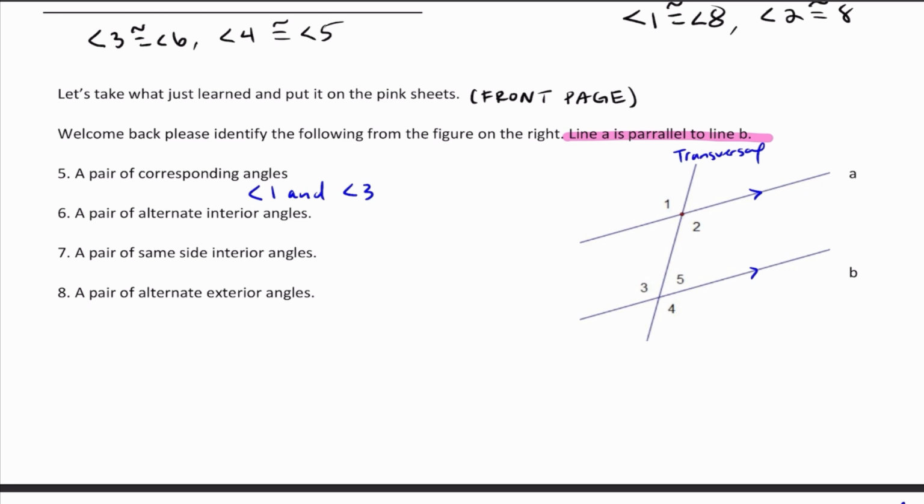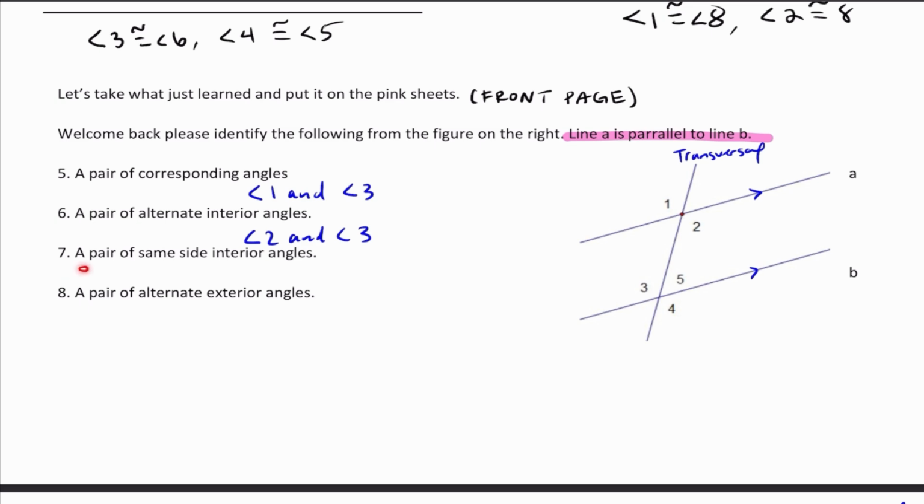So let's find the interior angles that are on opposite sides of the transversal. I'm looking at angles 2 and 3. 2 and 3 are inside of the parallel lines, and they are on opposite sides of the transversal. So we can say that angles 2 and 3 are alternate interior angles.